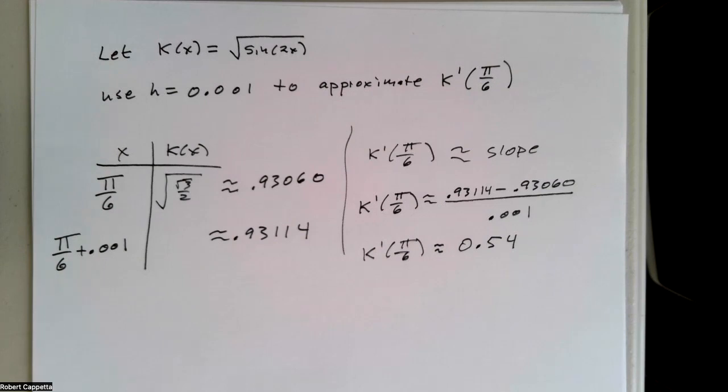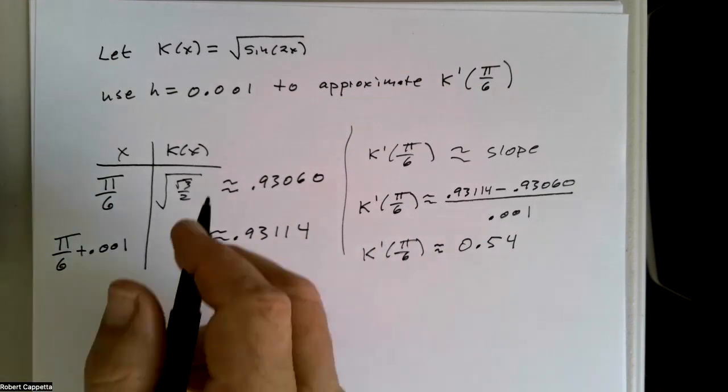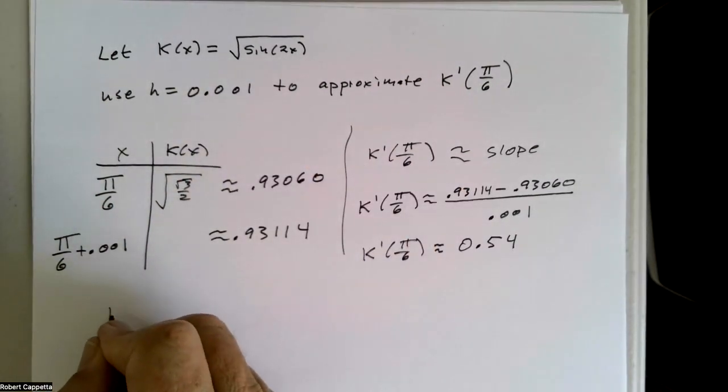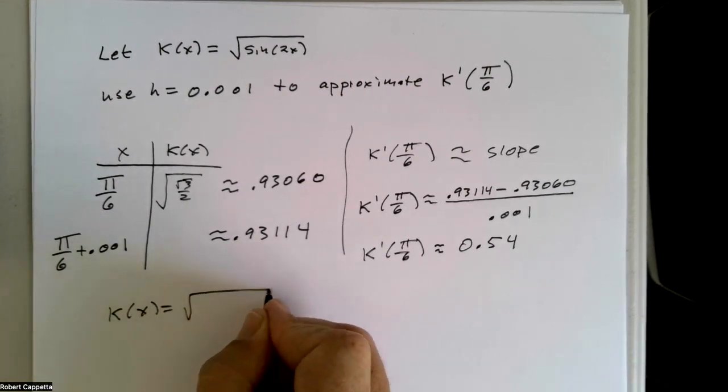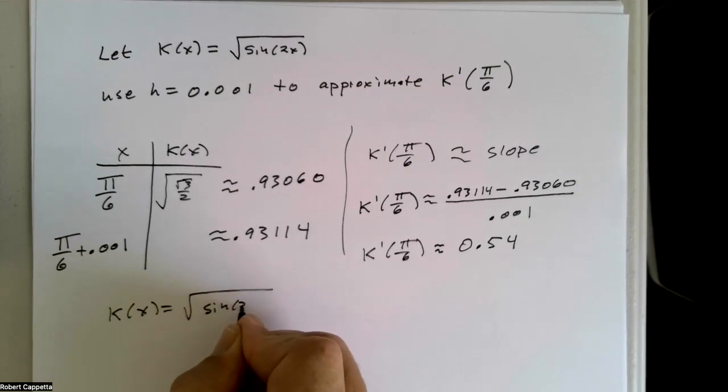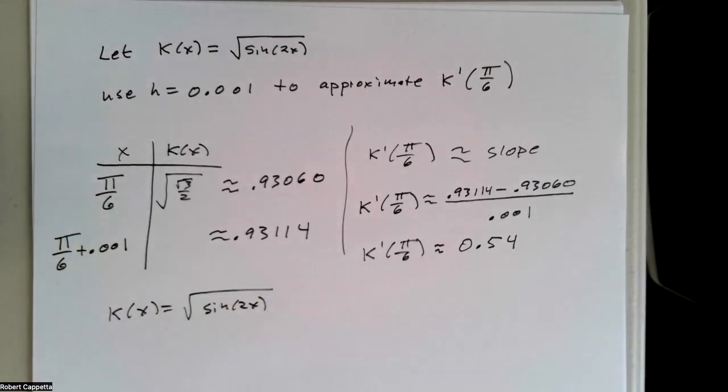I'd like to actually determine k prime of x using the chain rule. So we have this function up here. We have k of x is the square root of sine 2x. And I want to determine the k prime of x by using the chain rule.